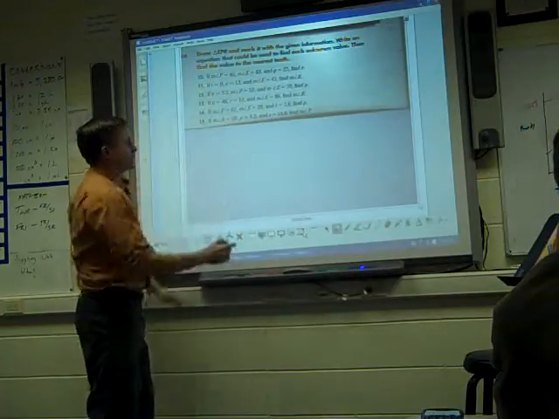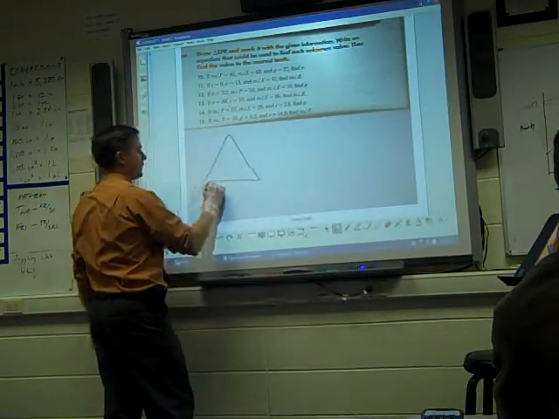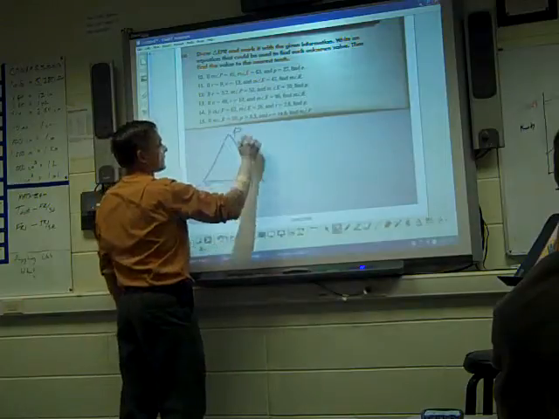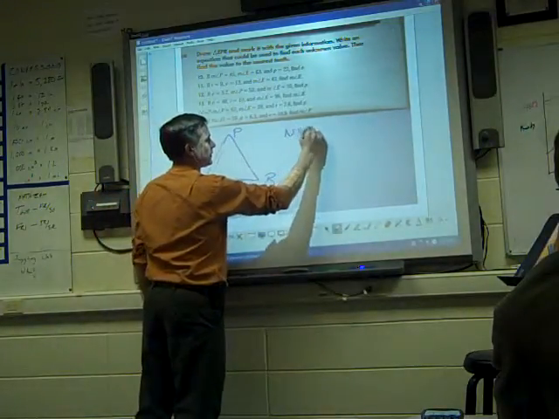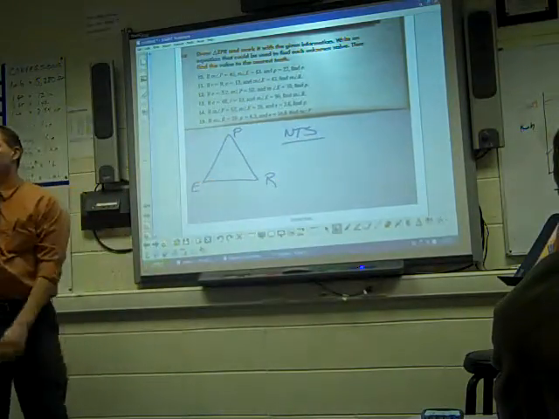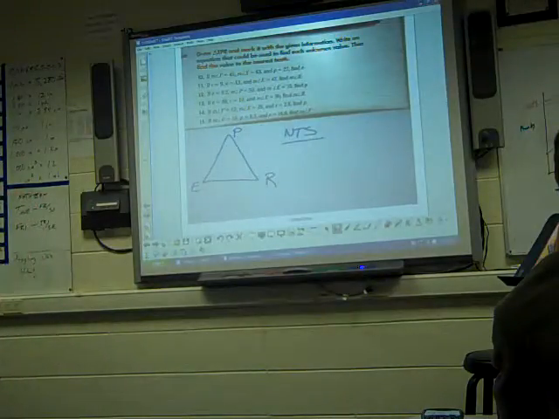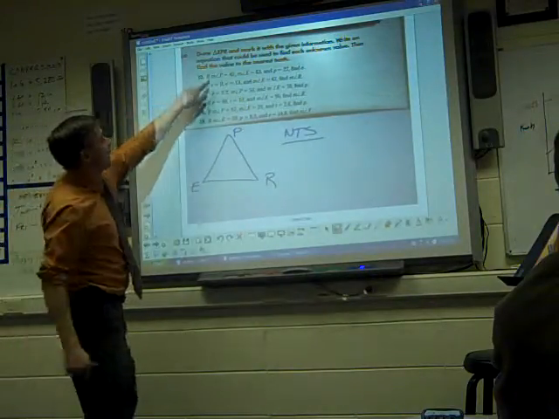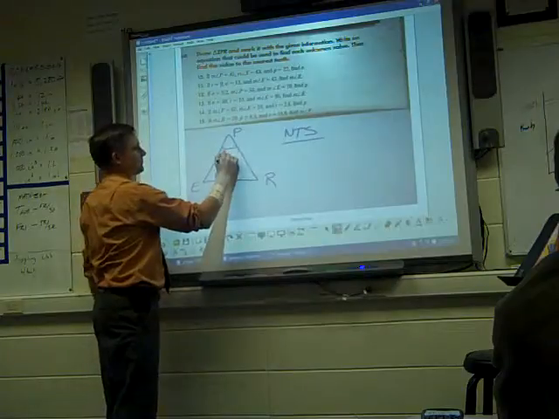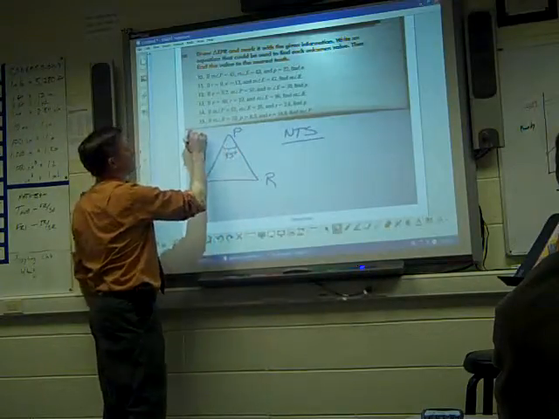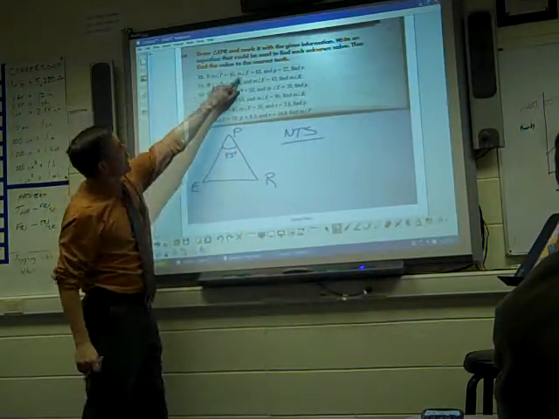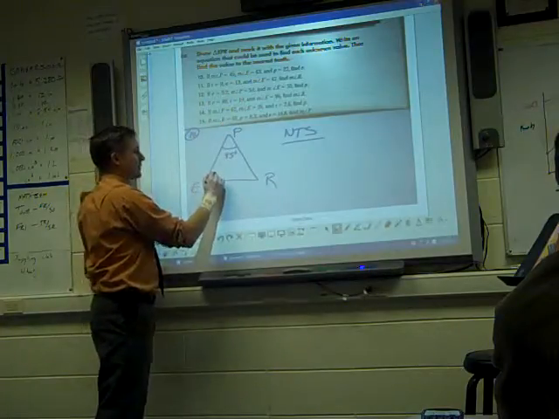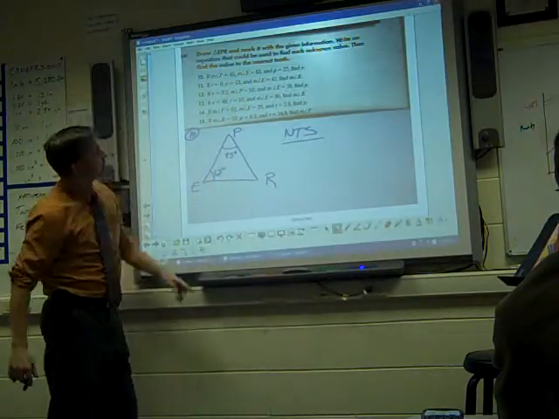So it says draw a triangle EPR. Everybody. Not to scale, right? It's never going to be to scale. All right? Angle P is 45 degrees. All right? Angle E is 63. All right?